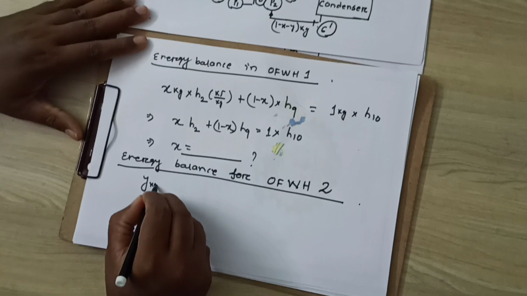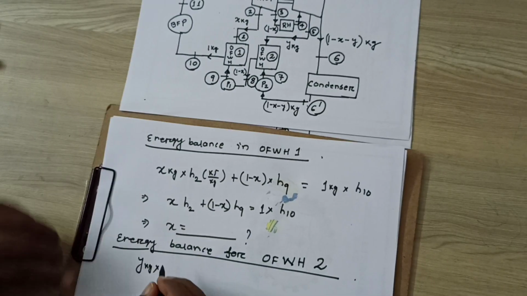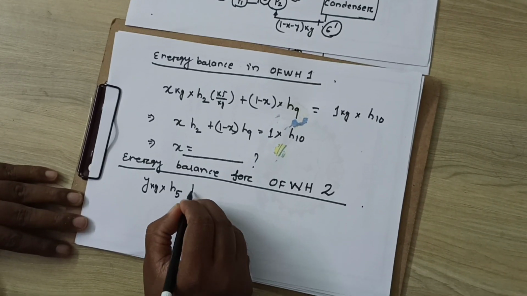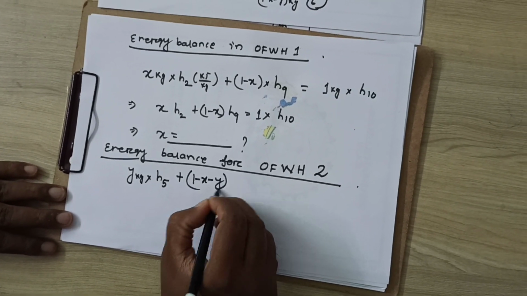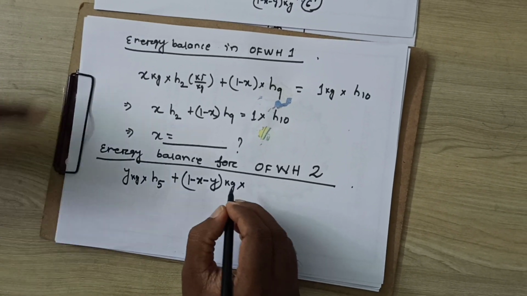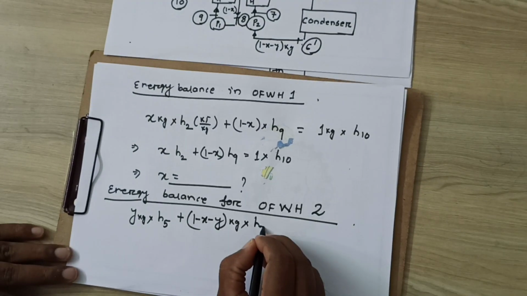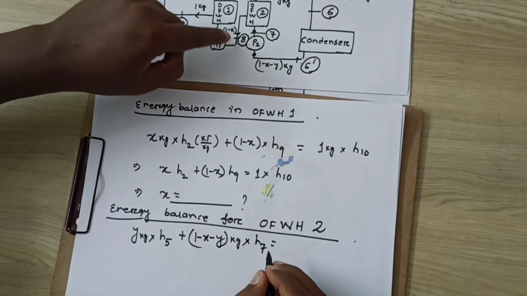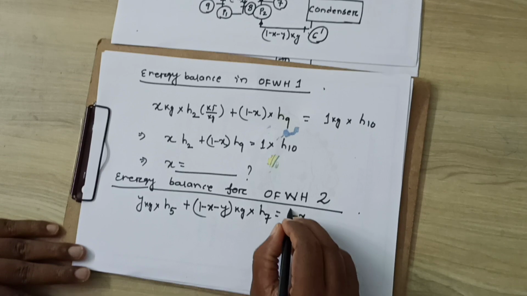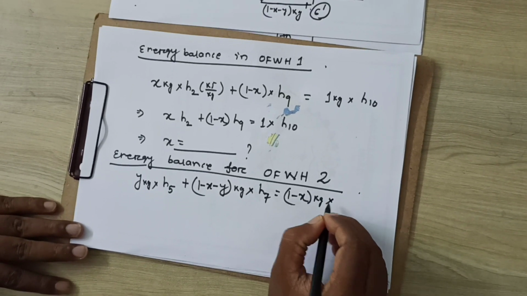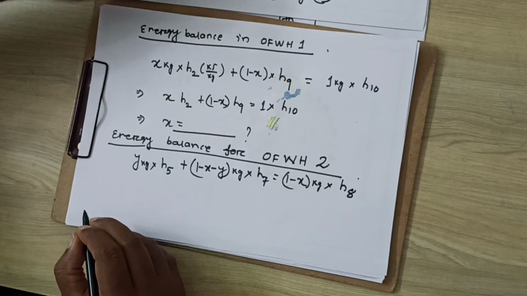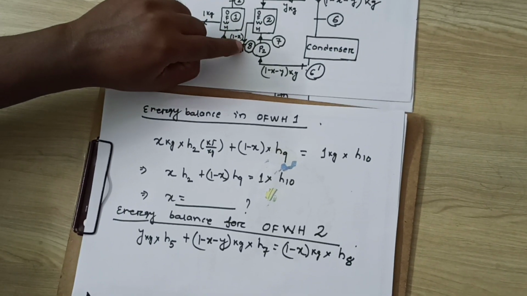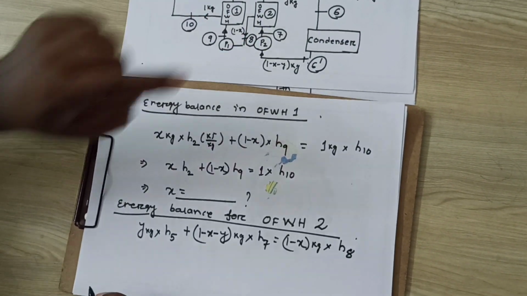This is y kg, enthalpy H5, into H5, plus here 1 minus x minus y kg into H7 is equal to, the net out is 1 minus x kg into H8. This is the state point H8, which is going out from OFWH1.